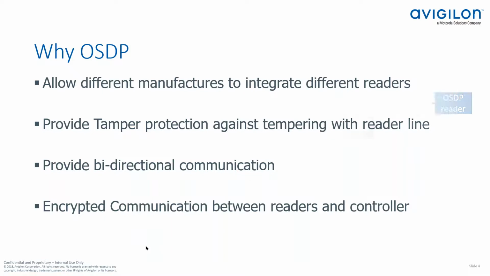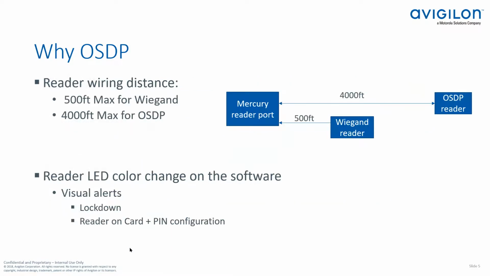Next here, and I think that's probably one of the best arguments for you to use OSDP today: reader distance. If you're talking about Wiegand, you can do a maximum of 500 feet between the reader itself and the reader port. So that wire can have a maximum of 500 feet. With OSDP, you can go up to 4,000 feet.